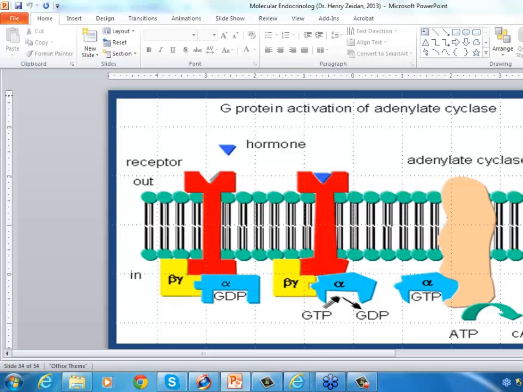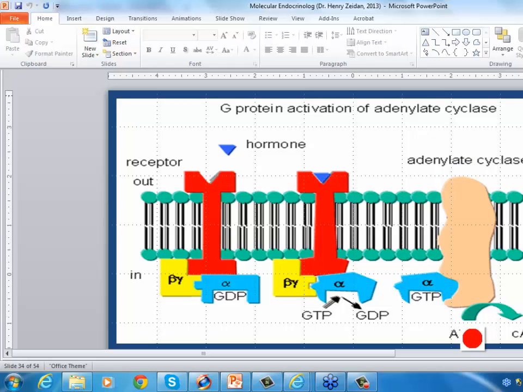Let me get my pointer here so you can see that clearly. The receptor binds a specific hormone with great specificity and modulates G proteins. The G protein bound to GDP is replaced by GTP, so you activate the G protein, which causes a conformational change of adenylate cyclase.